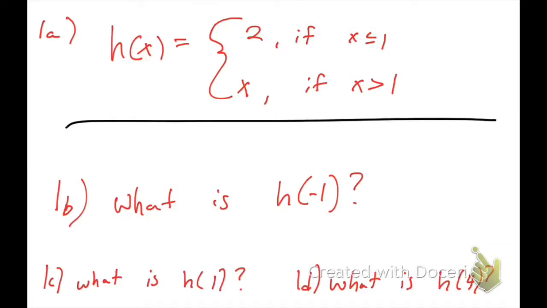So the first question states, we have the function h of x, and we have the piecewise function of 2 if x is less than or equal to 1, and x if x is greater than 1. So to graph this, let's use this one.